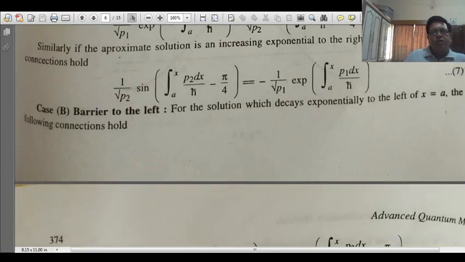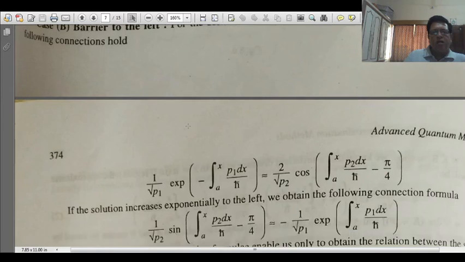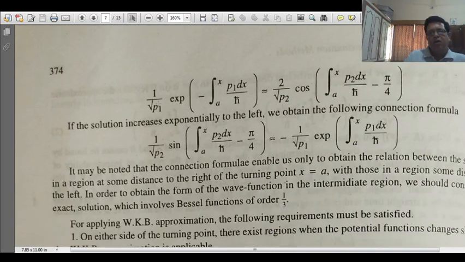Barrier to the left. Now the second case, where the solution decays exponentially to the left of x equal to a, and the connection holds here.